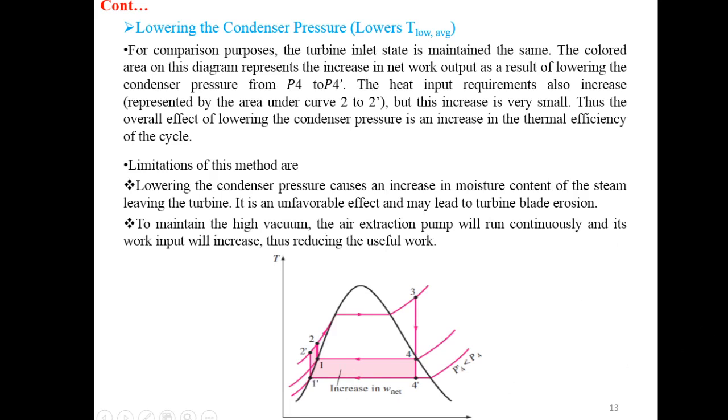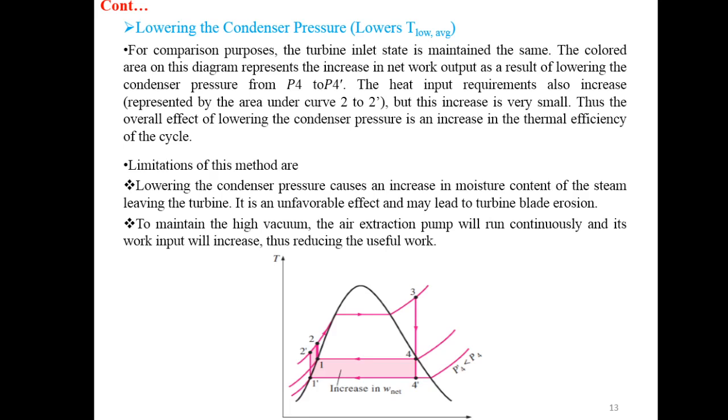Thus the overall effect of lowering the condenser pressure is an increase in the thermal efficiency of the cycle. So overall, because the formula of the efficiency is W net divided by heat supplied, here W net is increasing, but heat supplied is also increasing, but the increase in work is more than that of the heat supplied. So the overall effect will be an increase in the efficiency of the cycle.